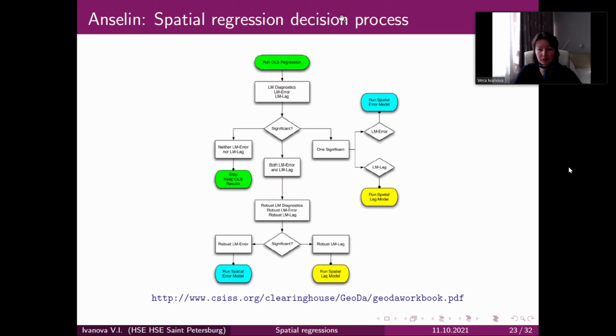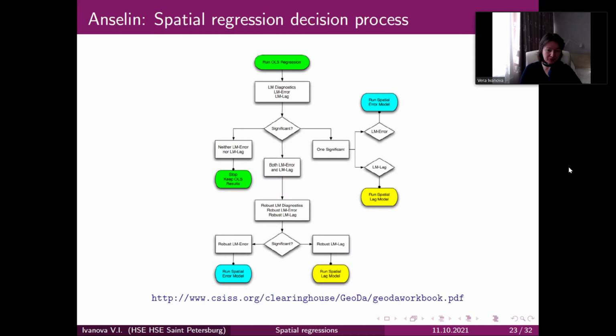A week ago, we tested whether OLS residuals were spatially autocorrelated. We use Moran's test for this. But Moran's test cannot say which model is the best.